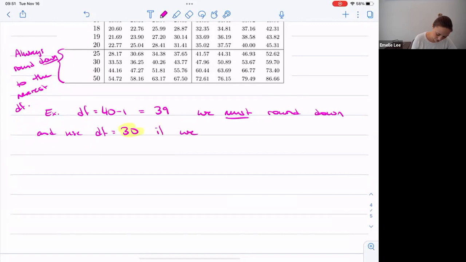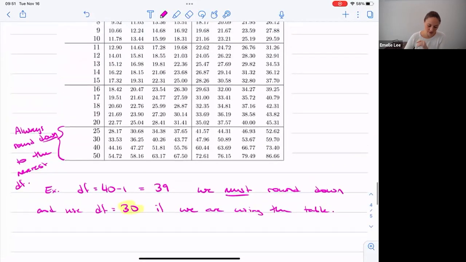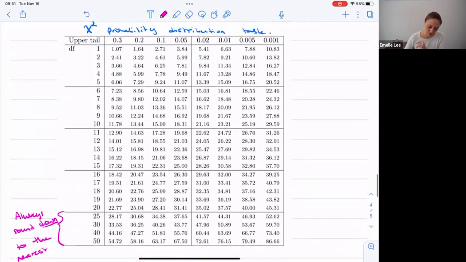If we are using the table. That's really important, because otherwise you're assuming that you have more categories than you actually do. It's better to assume that you have fewer categories and go from there. Same thing later, it's going to hinge on the sample size, and then it's going to be more obvious.